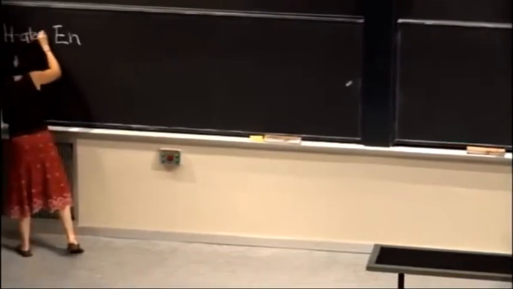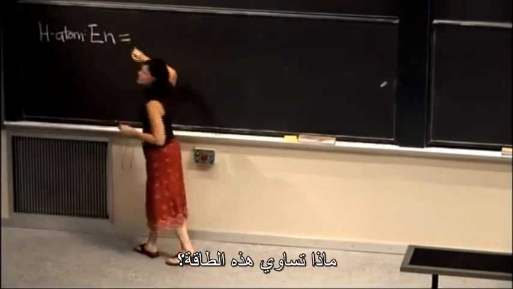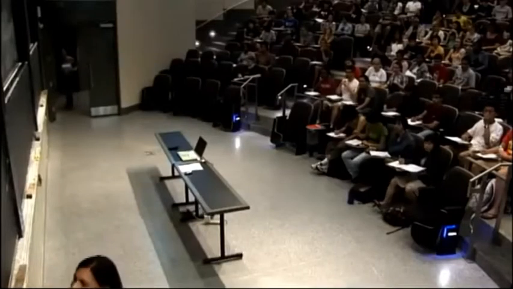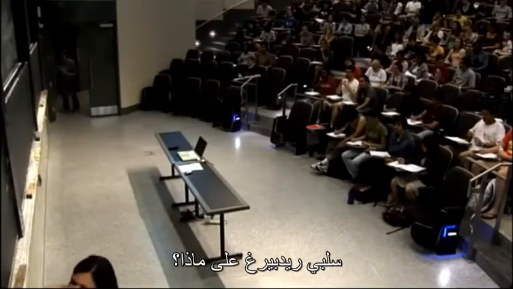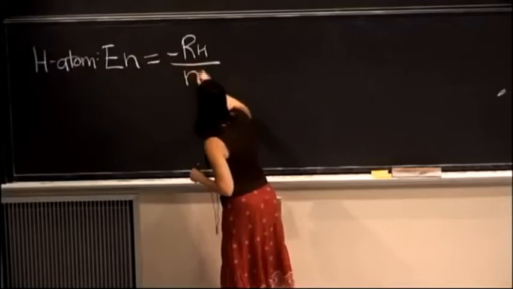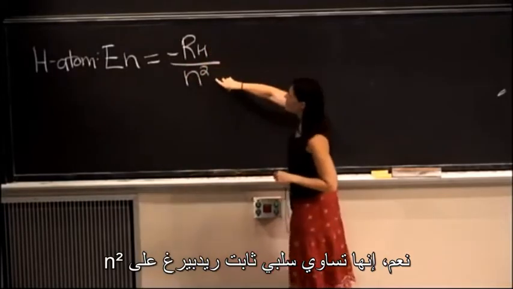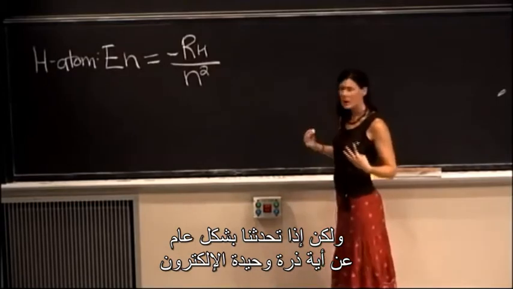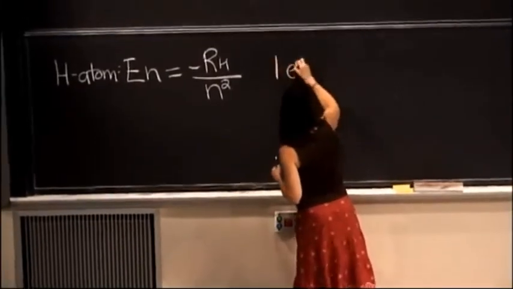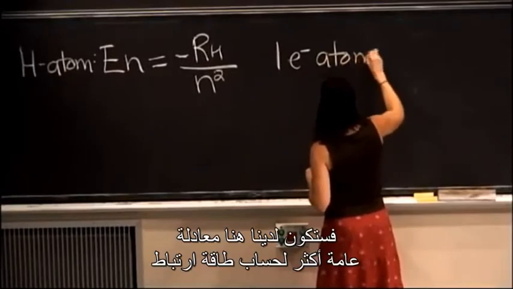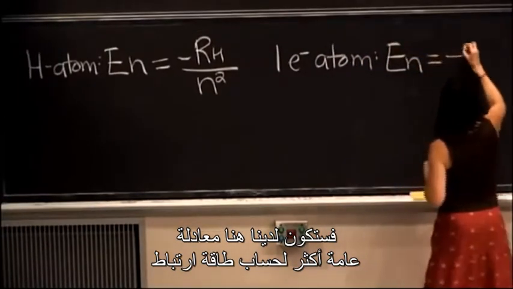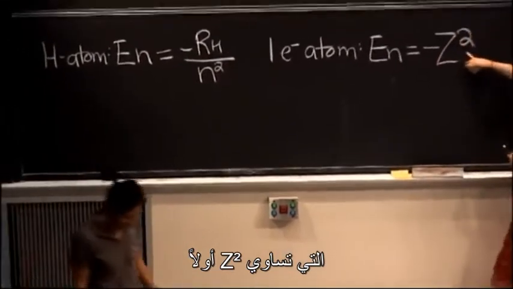we're talking about a hydrogen atom, what is the binding energy equal to? Negative Rydberg over what? Yeah, so it's negative Rydberg constant over n squared. But if we're talking more generally about any one electron atom, now we have a more general equation for the binding energy, which has this z squared term out in front of it, right?